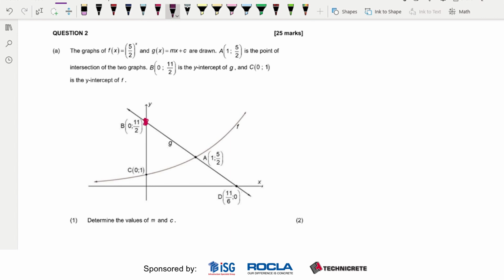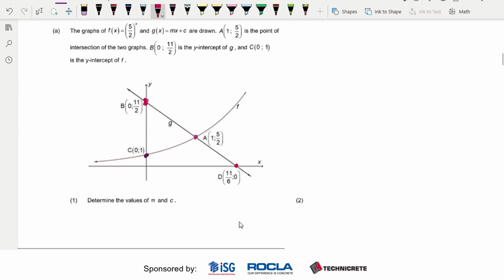This point belongs to the exponential, and let's make the points of intersection a brighter color. There we go. And then this is the x-intercept of g, which is the point D, (11/6, 0).